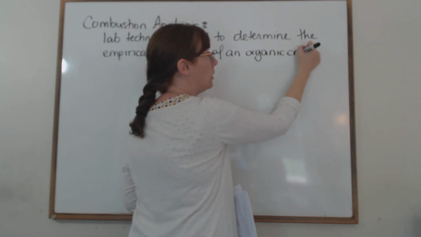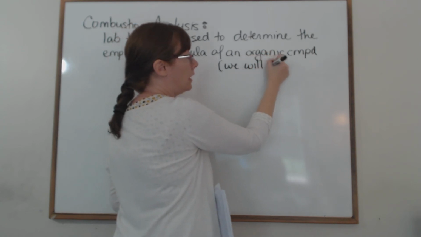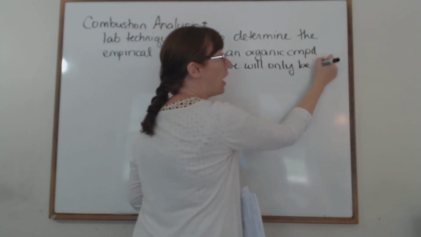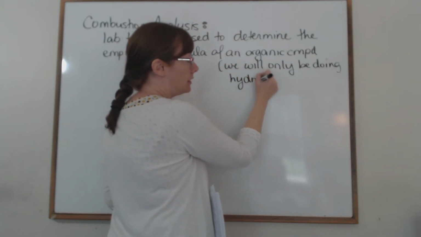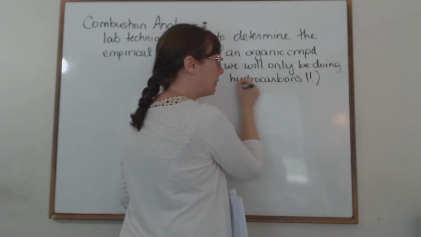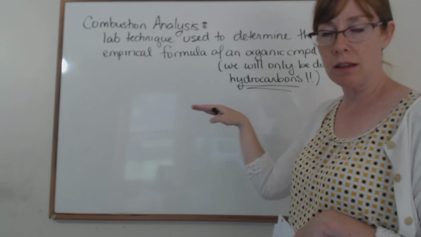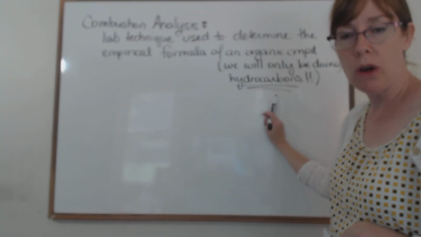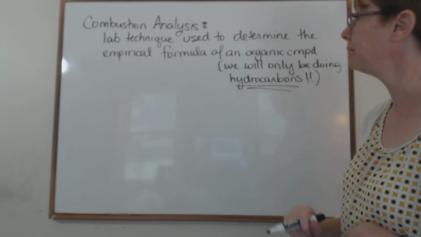And I will assure you that we will only be doing hydrocarbons. The hydrocarbon combustion analysis is much easier than if it contains something else besides C and H. So we're going to leave it at the kind of bottom level here. We will only be doing combustion analysis of hydrocarbons where you only have C and H.